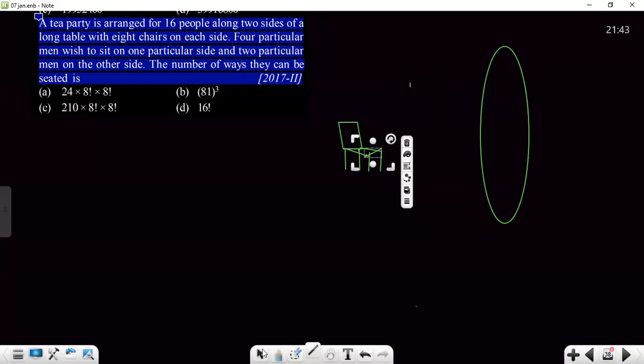So yes, it's a chair finally. One chair is this.